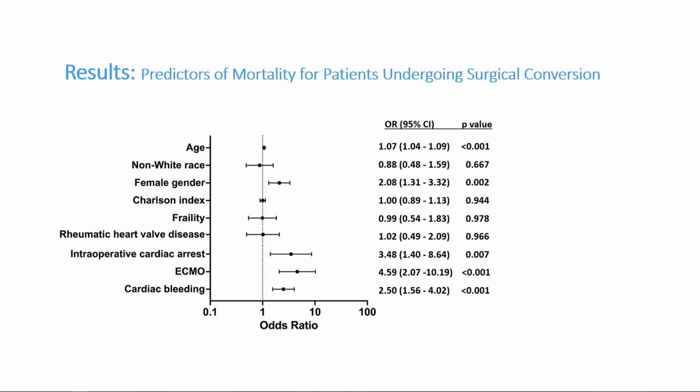Besides older age and female gender, variables indicating hemodynamic instability during the TAVR procedure, such as cardiac arrest or ECMO requirements, appear to be positive predictors, as well as variables suggesting severe cardiac injury, such as bleeding during the procedure, predicted the mortality after conversion.